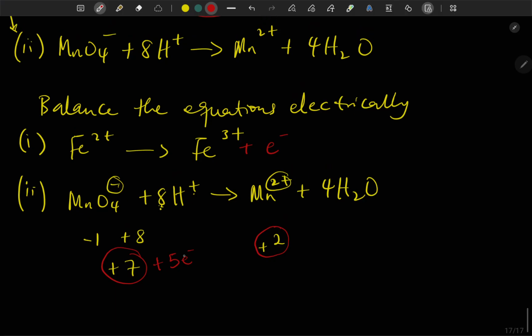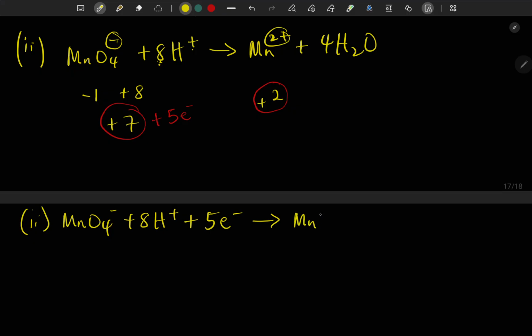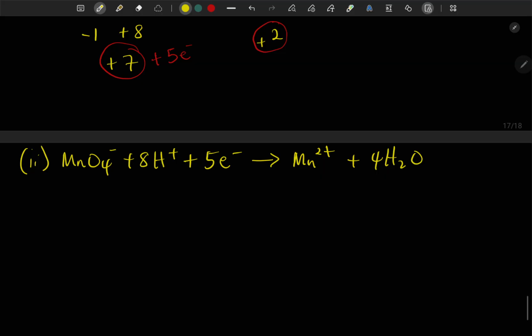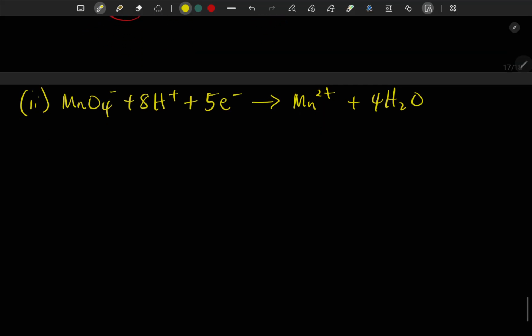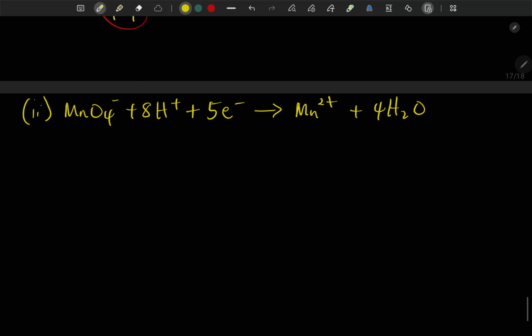So 7 minus 5 will give us 2, which means that we are adding 5 electrons to the left hand side. So the equation will now become MnO4 minus plus 8H plus plus 5 electrons gives Mn2 plus plus 4H2O. All right. So now the two equations are balanced atomically and electrically.